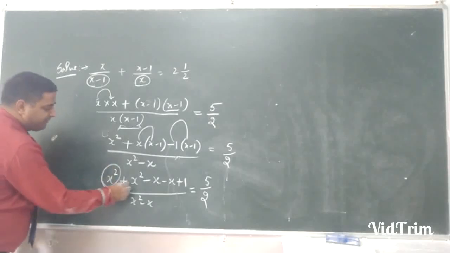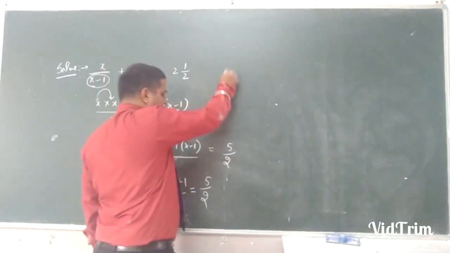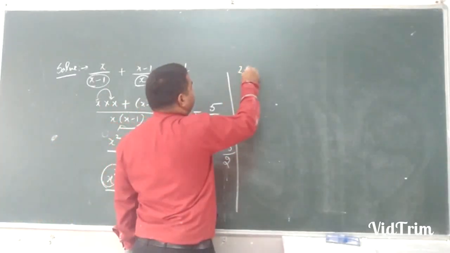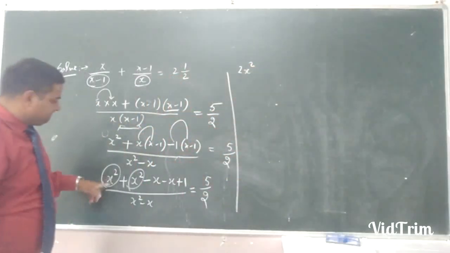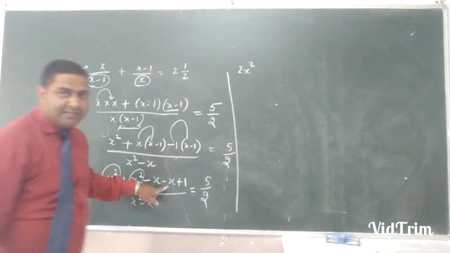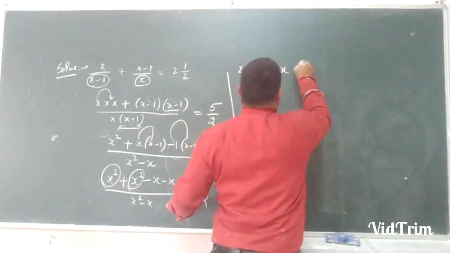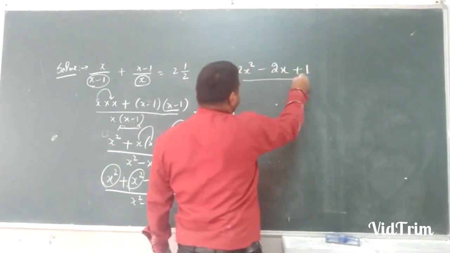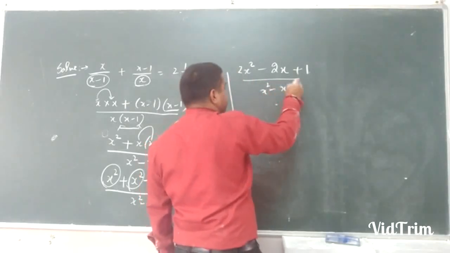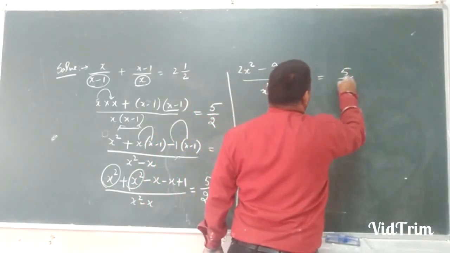So x squared plus x squared, we get 2x squared, minus x minus x will be minus 2x, plus 1, divided by x squared minus x equals 5 upon 2.